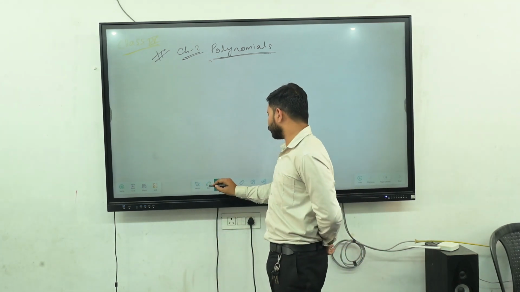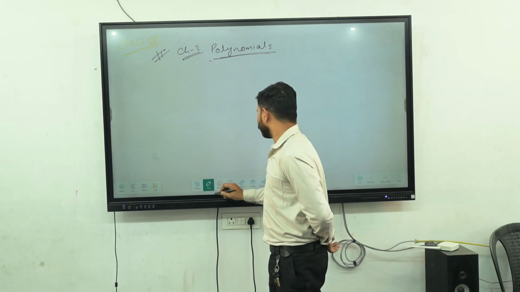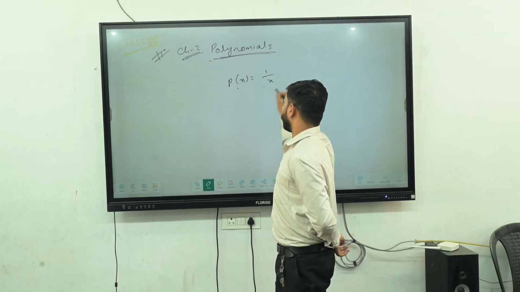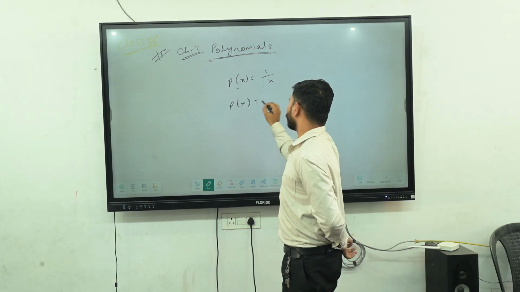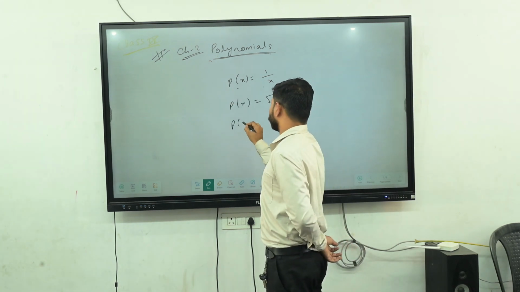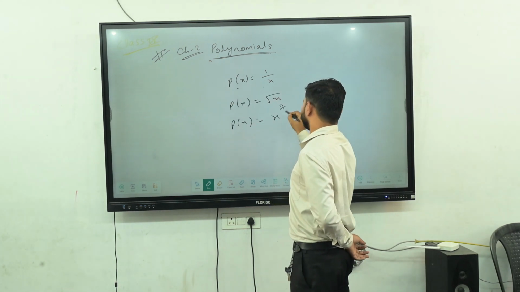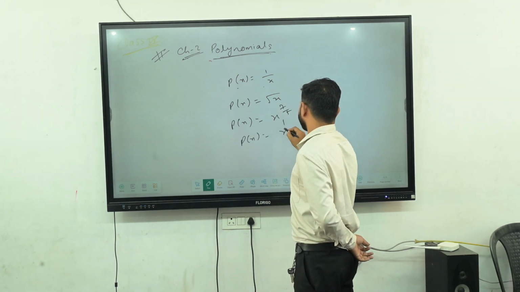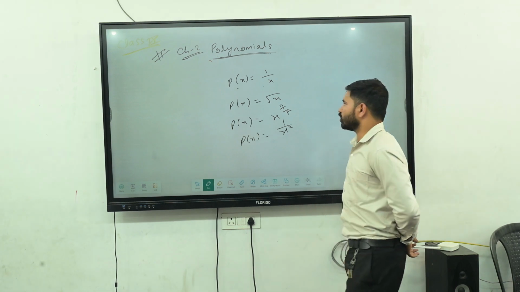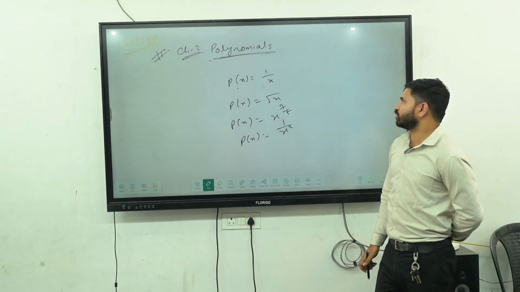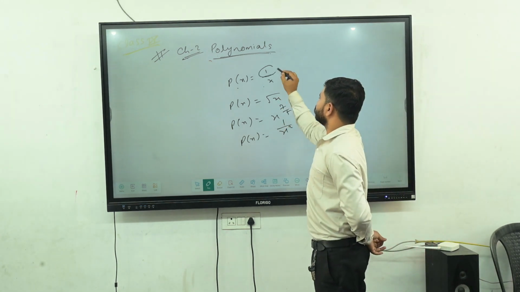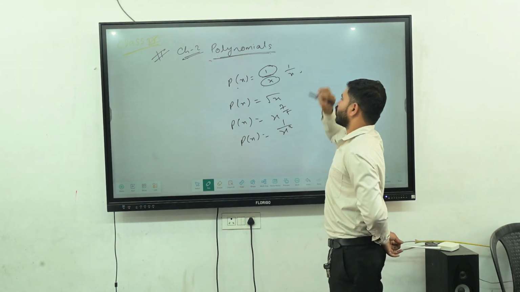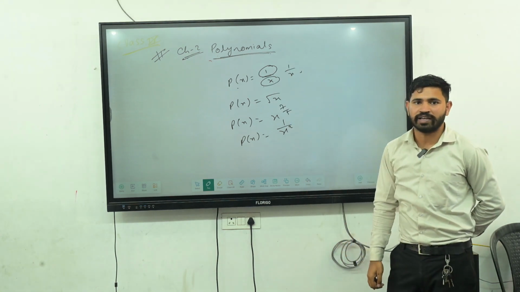Just like if there is a polynomial expression p(x) = 1/x, p(x) = √x, p(x) = x^(7/5), p(x) = x/x². See all these expressions. We also see that this is constant and this is variable.